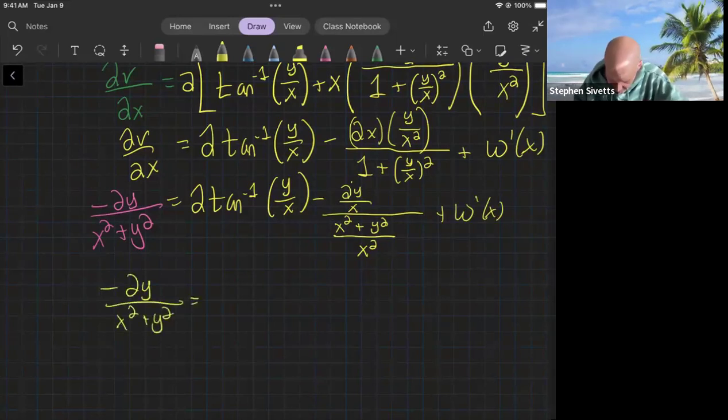If we simplify this equation, we'll have negative 2y over x squared plus y squared equals 2 times inverse tangent of y over x minus.